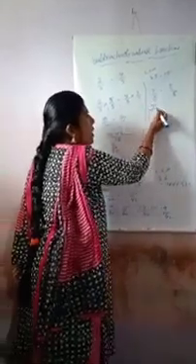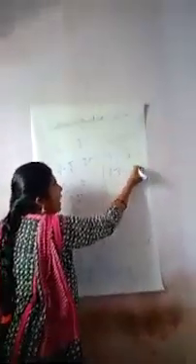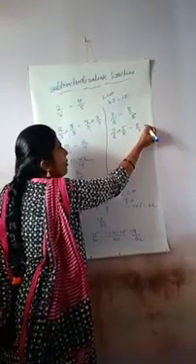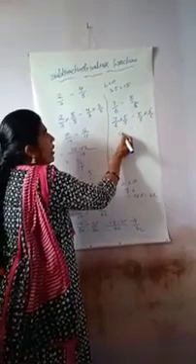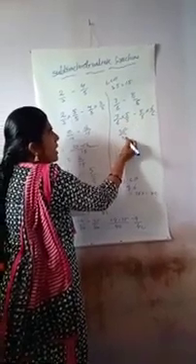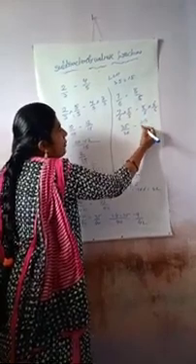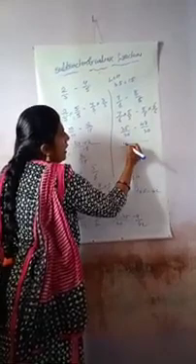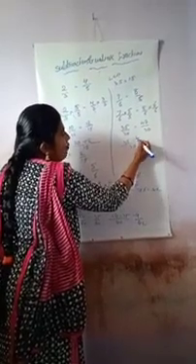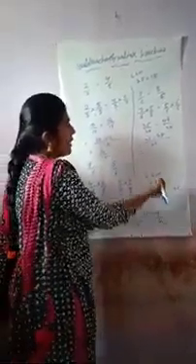First, 7 by 6 into 5 by 5, minus 8 by 5 into 6 by 6. 7 5s are 35. 6 5s are 30. 8 6s are 48, minus 30. So the denominator is 30. Numerator 35 minus 48. 35 minus 48, how much, children?